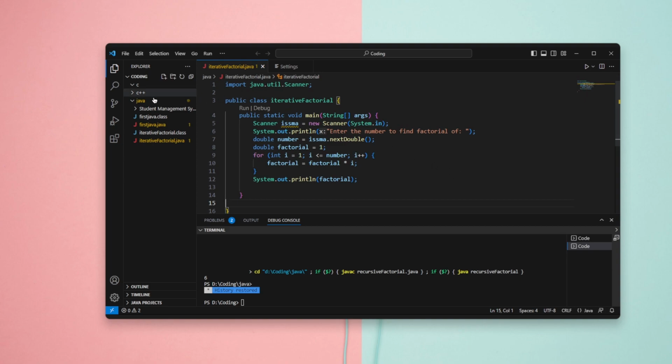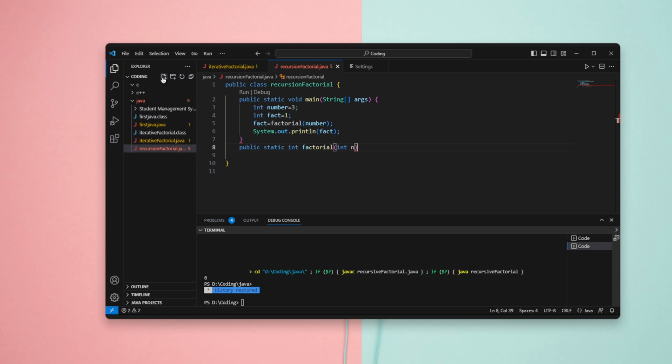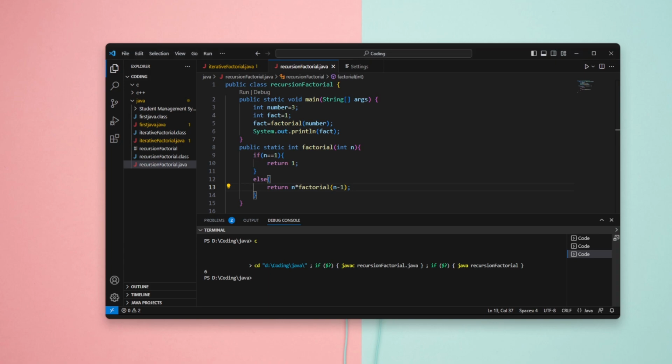On the other hand, let's discuss the recursive approach. In this method, we break down the factorial problem into smaller subproblems by repeatedly calling the function with smaller inputs.